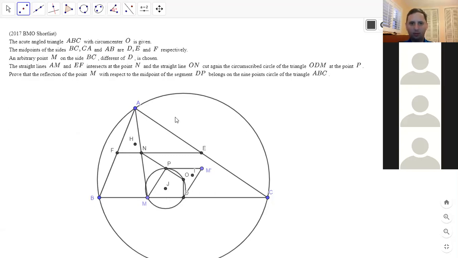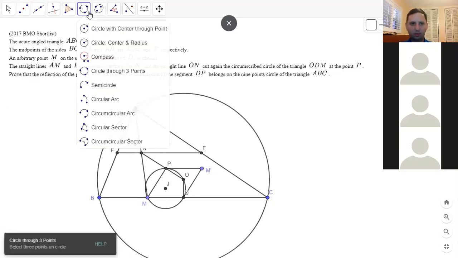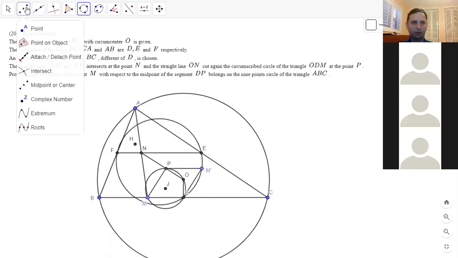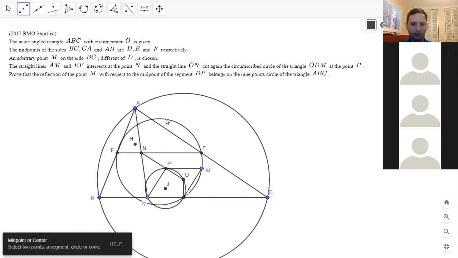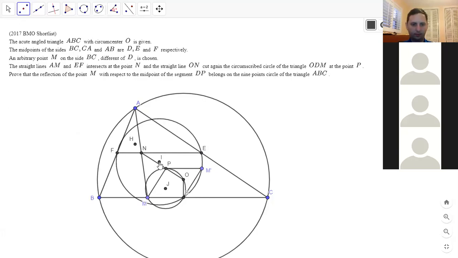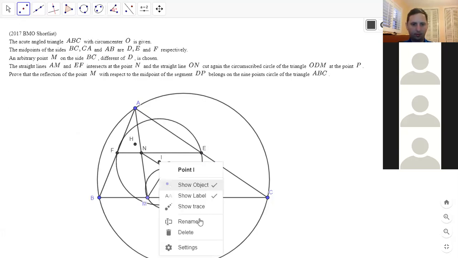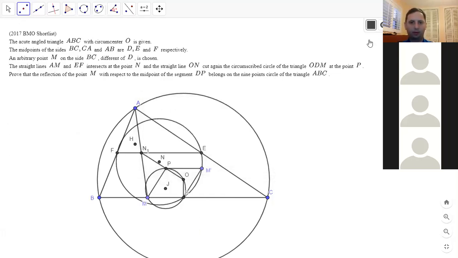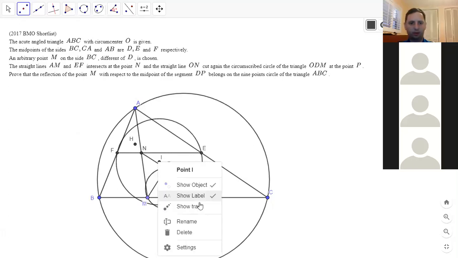Maybe I can use homothety to show it. So if N is the nine-point center, maybe I could show that NM prime is half the radius. Oh, I don't want to call it N. I'll call it Q.